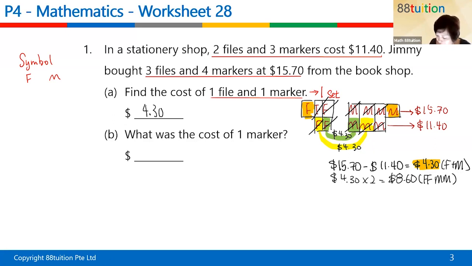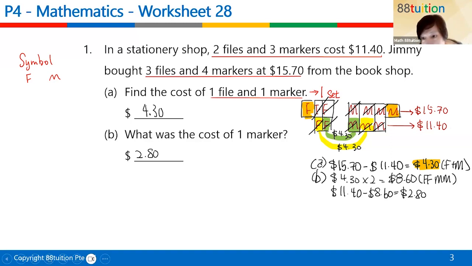How does this come by? Look, because my FFMM is $11.40. So I use $11.40 to minus my 2 sets, and that will give me $2.80. Then that is for me. Okay, $2.80. So far, okay. All right.